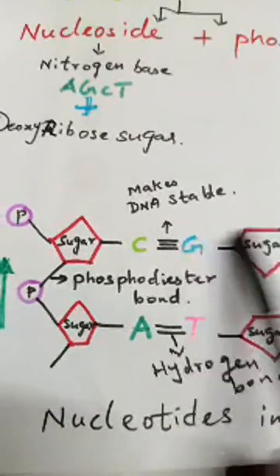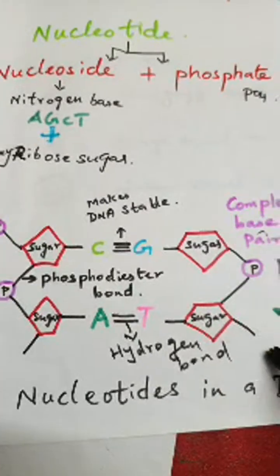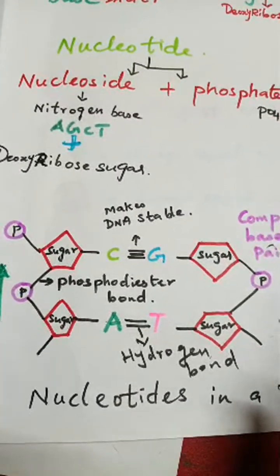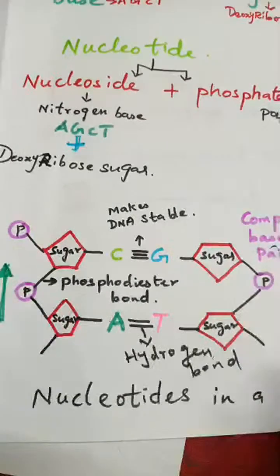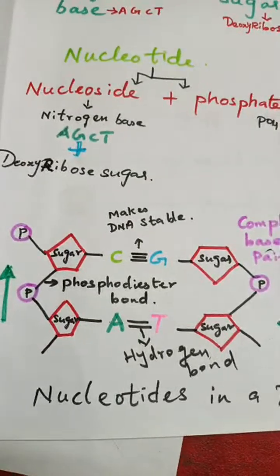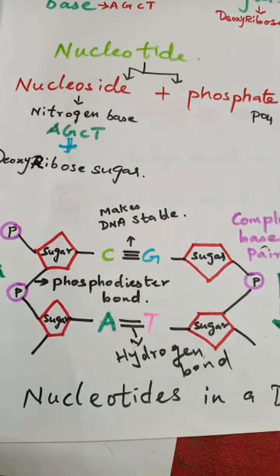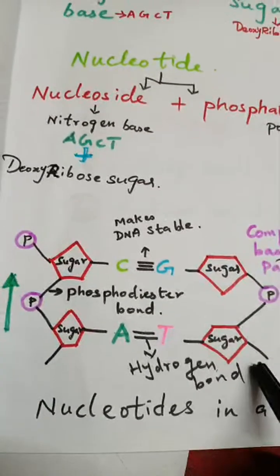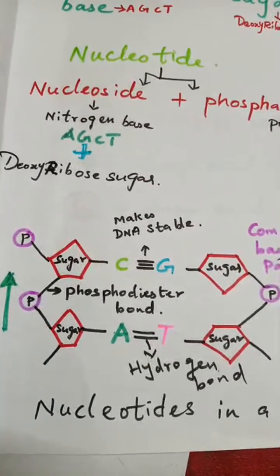Clear? So I told you very clearly that the DNA molecule is a simple double helical structure, and it carries hereditary information. From that, the genetic information is transferred from DNA to the next generation. So we are studying about the structure of DNA only.